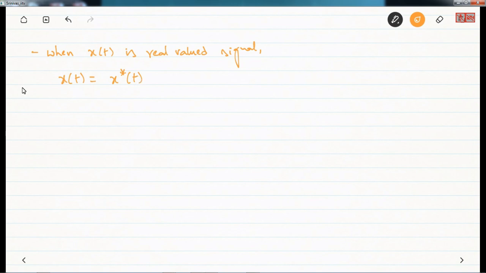So that implies, what is the Fourier transform of x of t? It's X of j omega, and its Fourier transform is X conjugate of minus j omega.